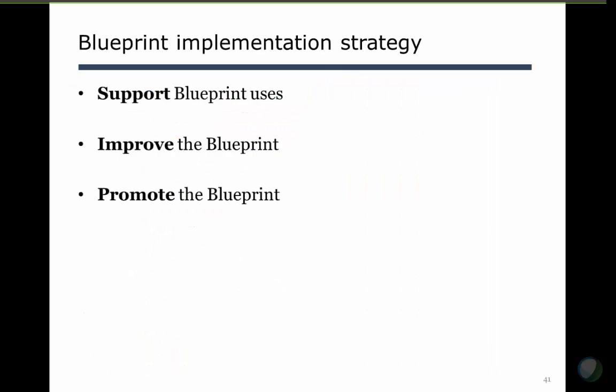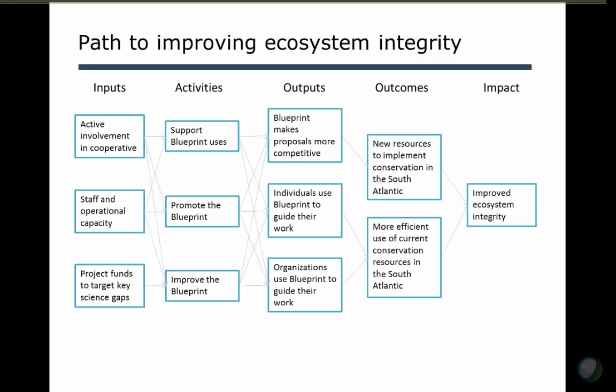So you may have remembered, especially if you were at the workshop, and over the last few years, we've talked about these components of the blueprint implementation strategy: supporting blueprint uses, improving the blueprint, promoting the blueprint, and also how we go from the blueprint and the work going on in the cooperative and the time and effort that y'all are spending on this, and how does that lead us then to improving the integrity of the ecosystems?